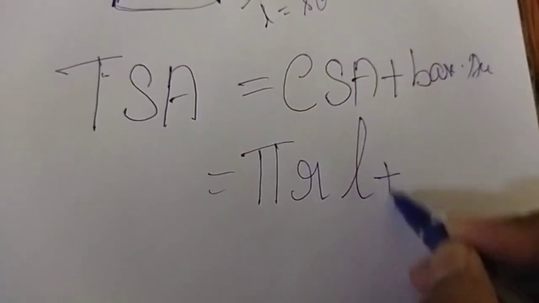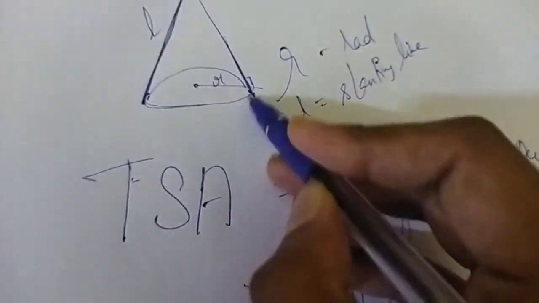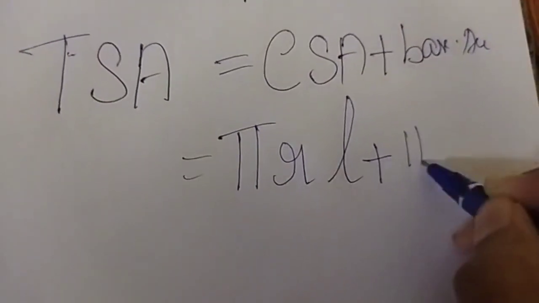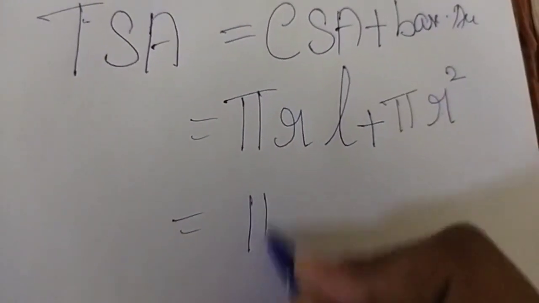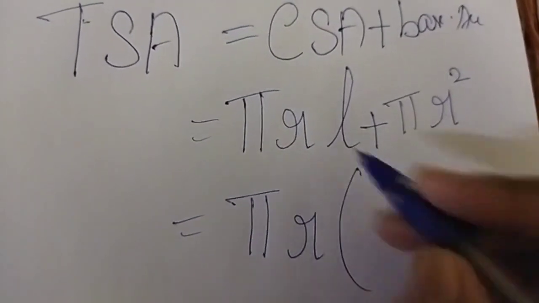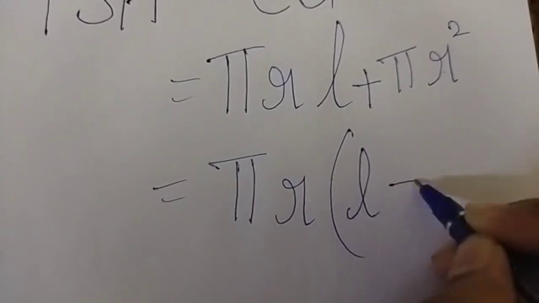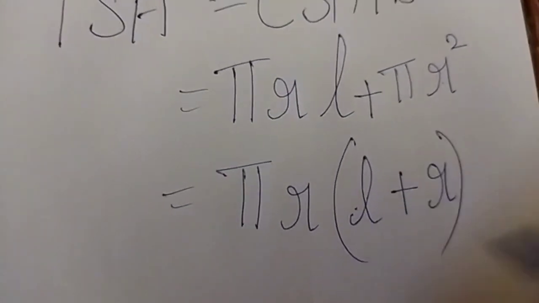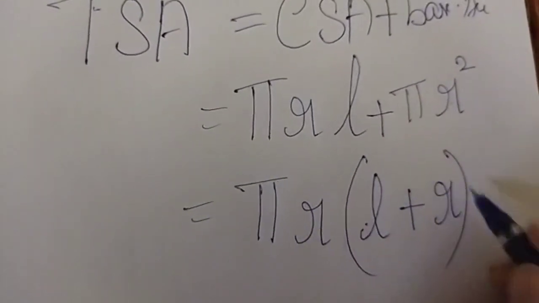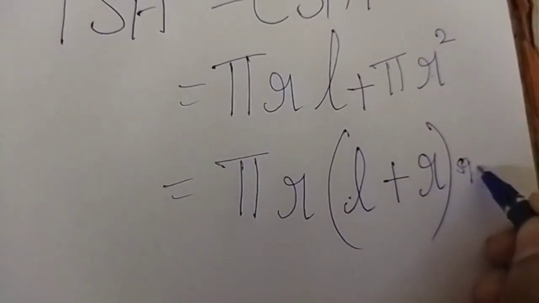Plus base area. Base is a circle, so area of a circle is pi r square. In both the terms we get pi r as common. If I take pi r outside, we have L and r. So TSA of a cone is pi r into (L plus r) square units.